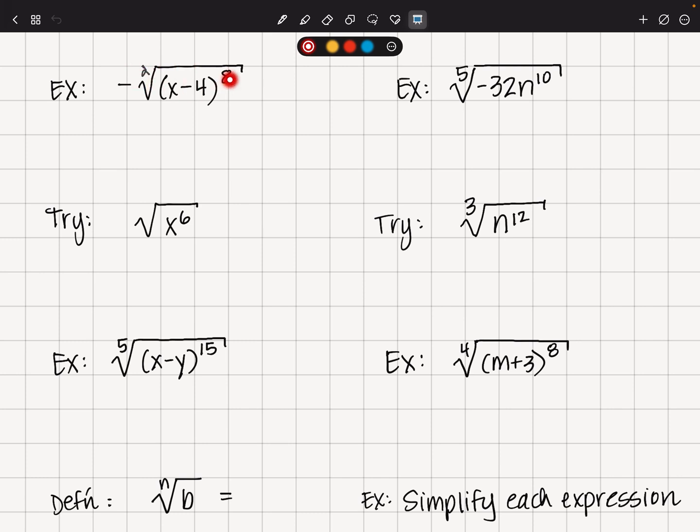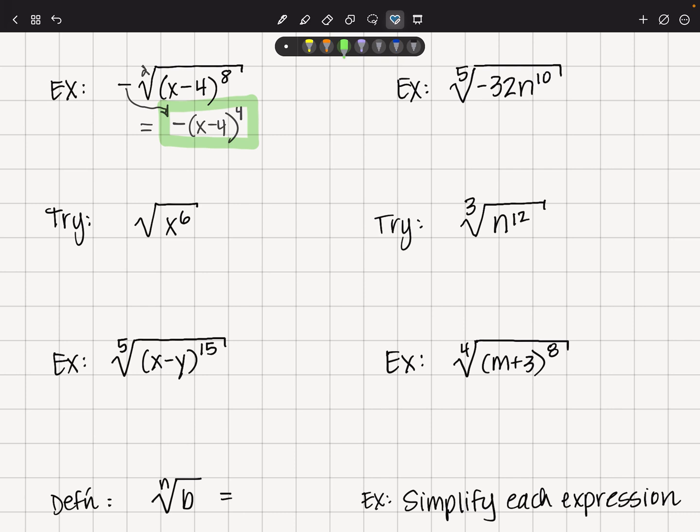So this is going to simplify to be x minus 4 to the 4th power. But this negative on the outside is going to stay. So my answer is the opposite of x minus 4 to the 4th power.